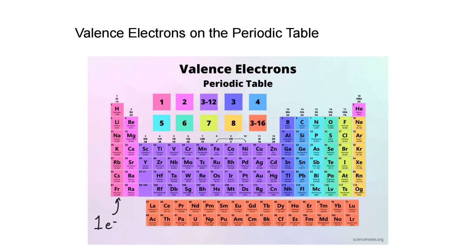Now 1 is a kind of dangerous number because our atom would like to lose that 1 because there's nothing to really support it out in that furthest orbital. So that helps to explain why elements in this first group are so reactive, because they all have the same number of valence electrons.